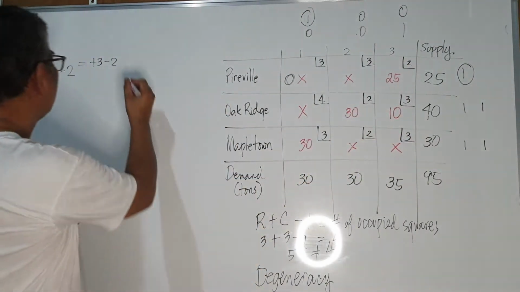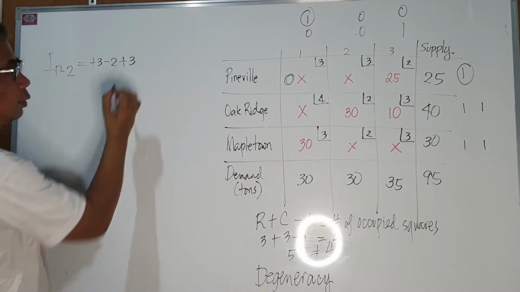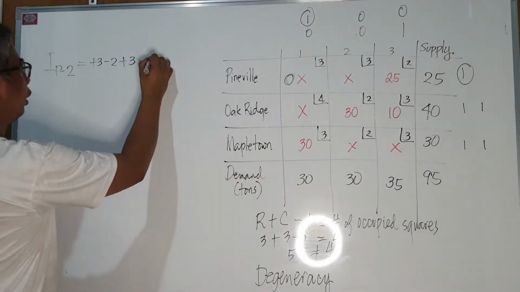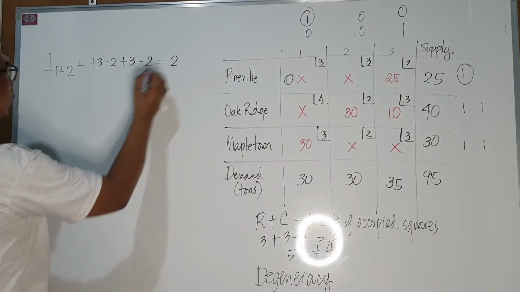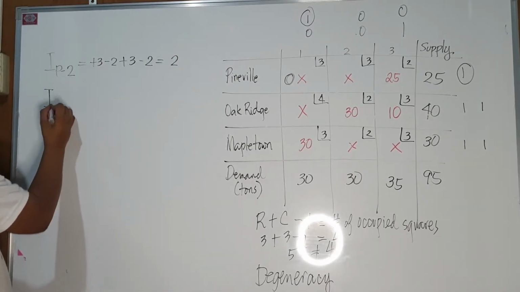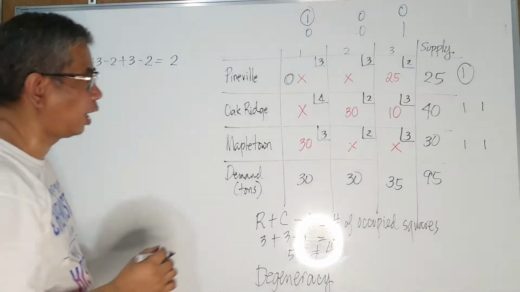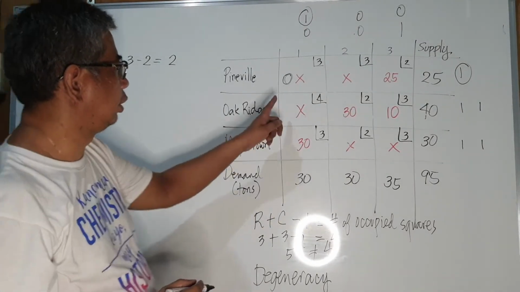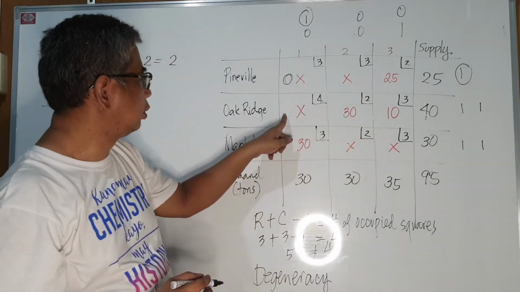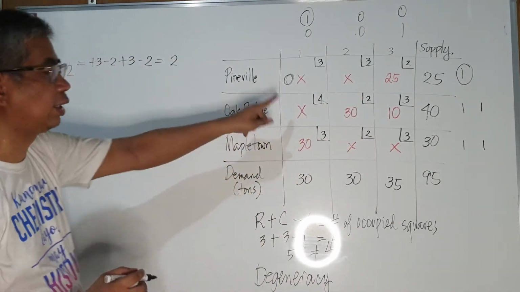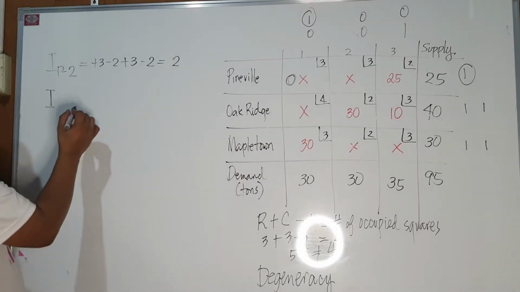So, plus 3 minus 2. Okay? So, we get 2. Okay? Next, this is occupied. This is unused, unoccupied. This is not occupied. So, we also test for its improvement index.